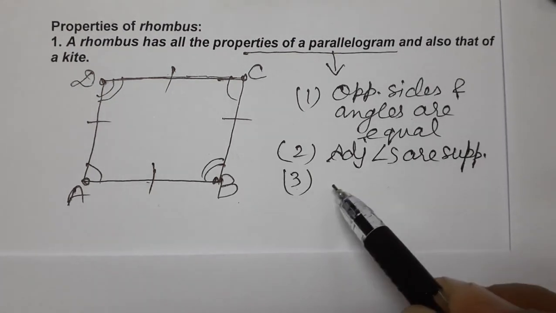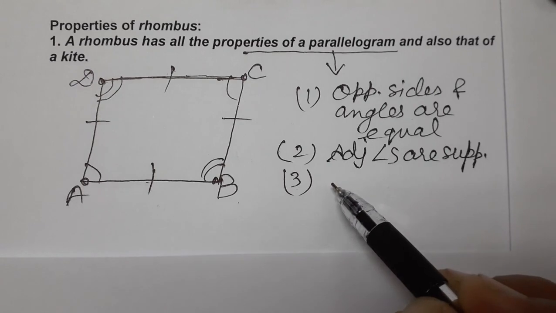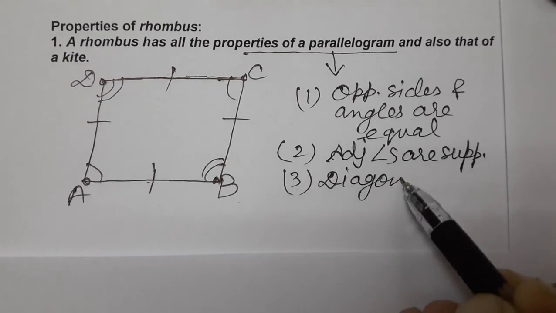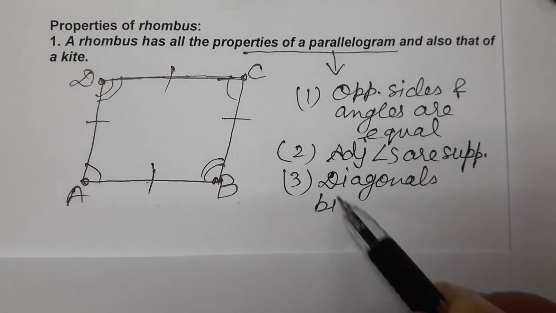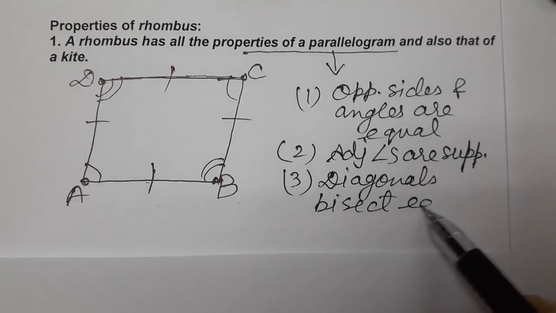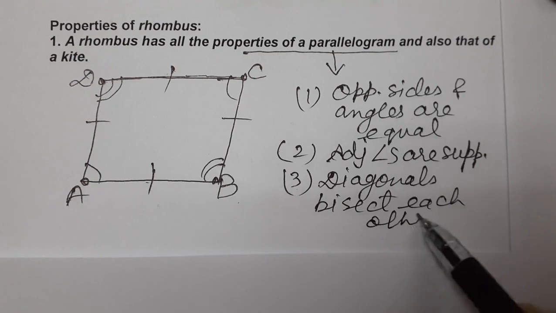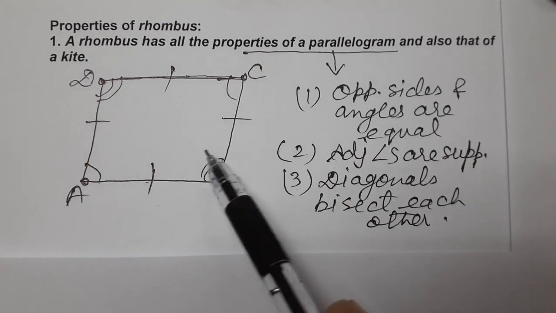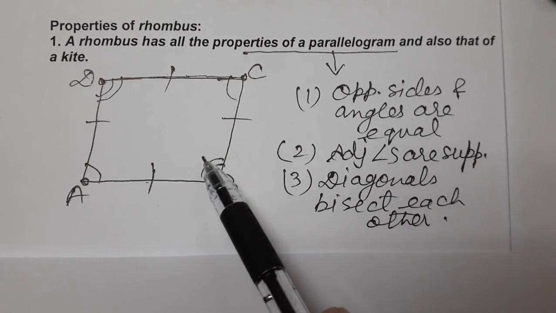Thirdly, diagonals bisect each other. So these are all the properties of parallelogram which fit the properties of rhombus also.